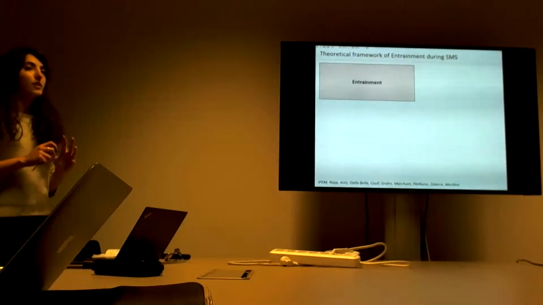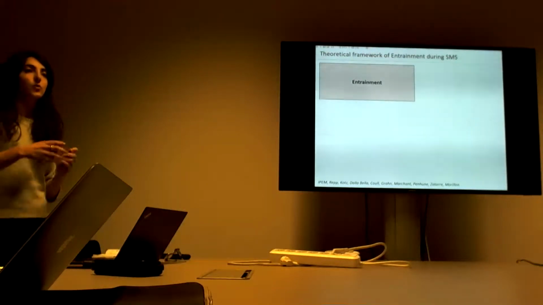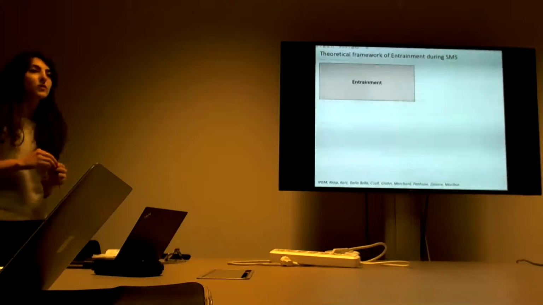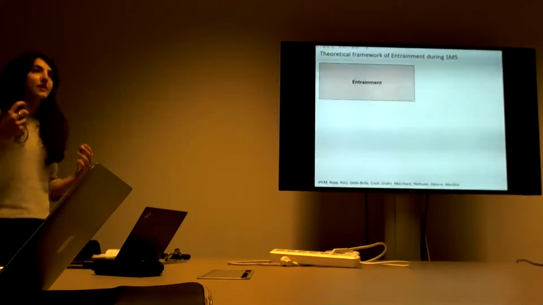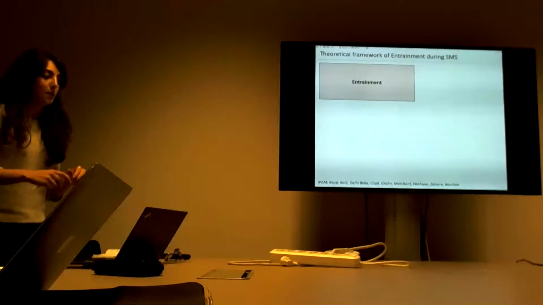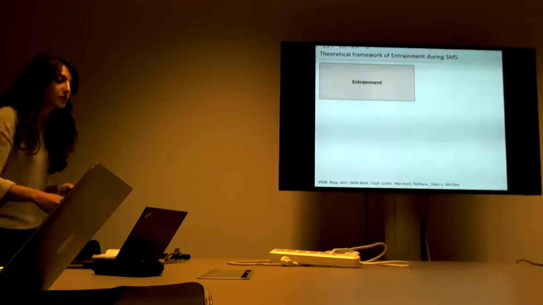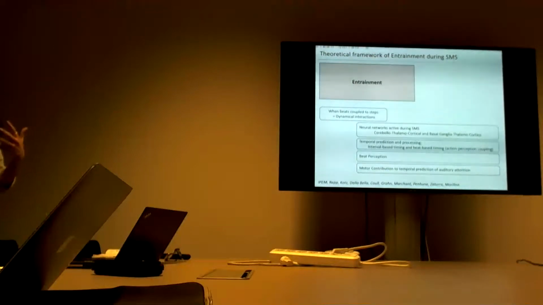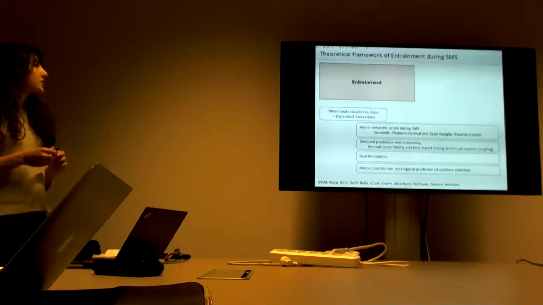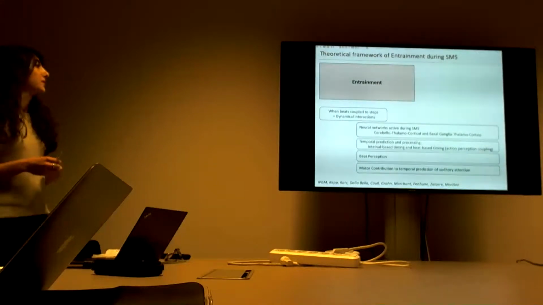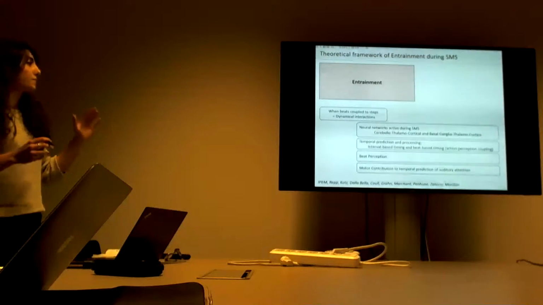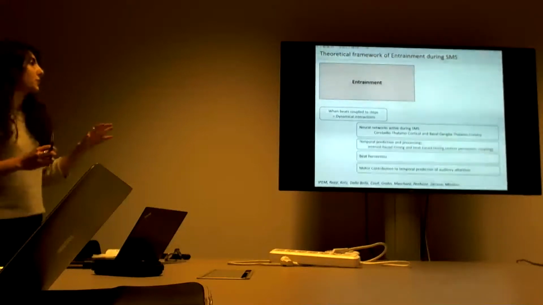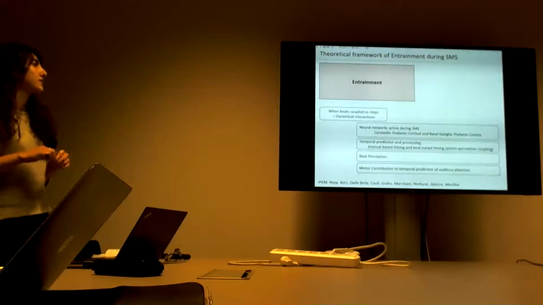So the main theoretical framework is based on entrainment, and we're discussing this today as well. Of course, there are different viewpoints: a predictive viewpoint, a dynamic viewpoint. So these will be the main aspects that I propose to use, when we have dynamical interactions, of course, occurring when walking is involved. What also contributes to entrainment are principles such as temporal prediction, beat perception, the contribution of the motor system in these temporal predictions, and the neural networks of sensorimotor synchronization.